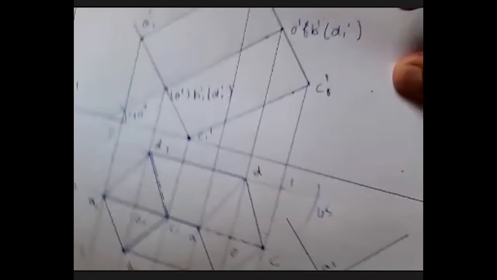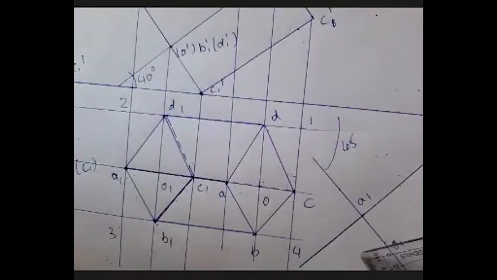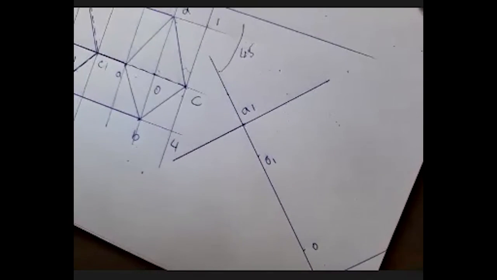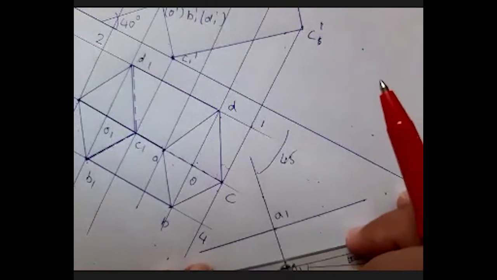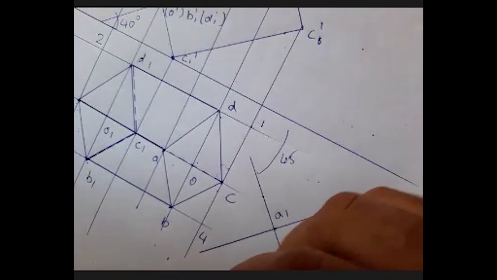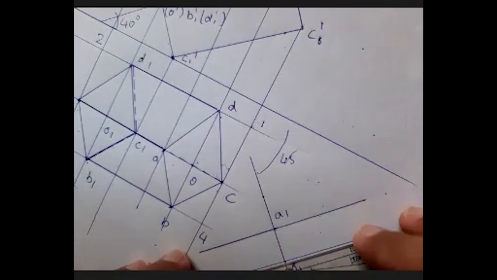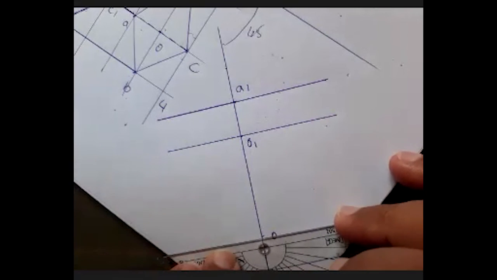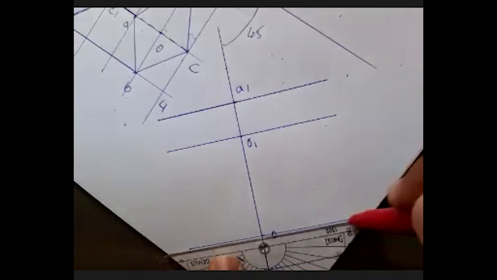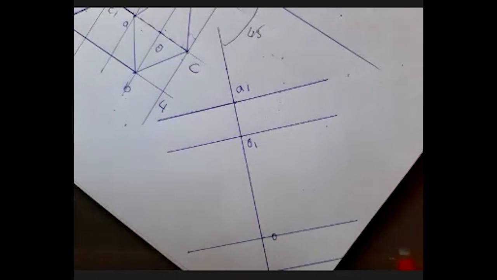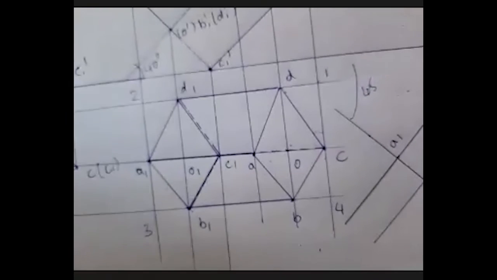Then, if you don't have much space, you can start with O1. That's not a problem. You can do it with O1 as well as O, because we don't have any points here at C. Then I know the distance from A1 to 2.